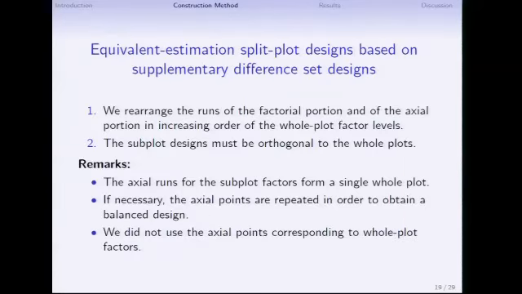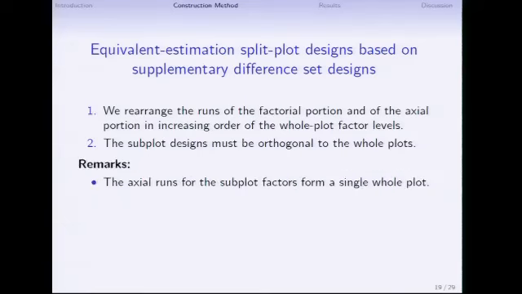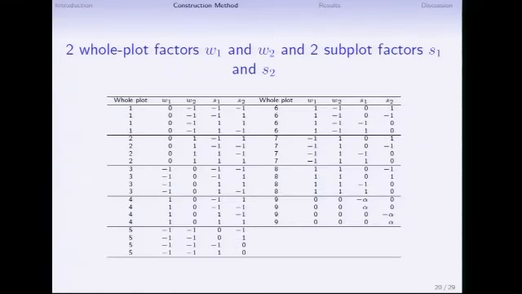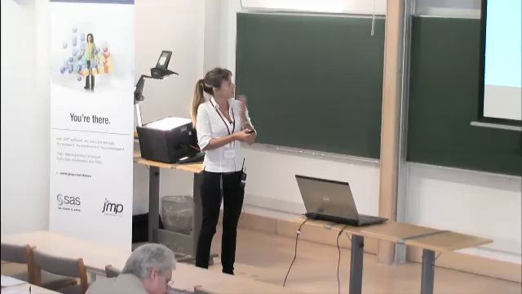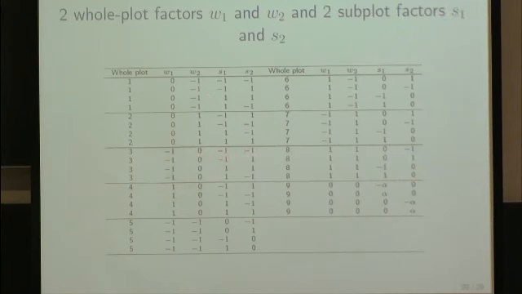So, for the design that we saw before, we can obtain an equivalent estimation split plot design with 2 whole plot factors and 2 subplot factors by first rearranging the runs of the factorial portion. So in total we have 32 runs, and we rearrange the runs in ascending order of the first two columns that will correspond to the whole plot factors.